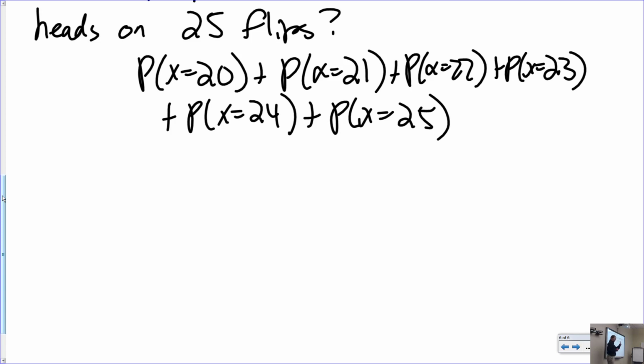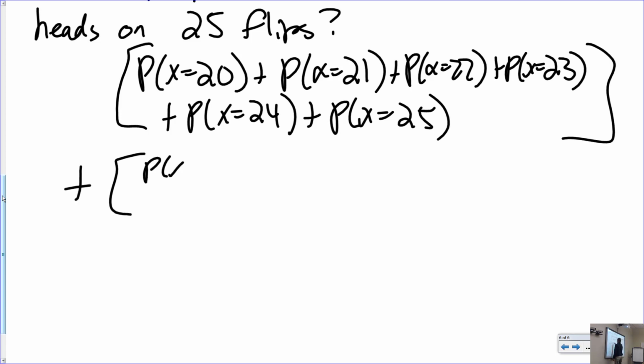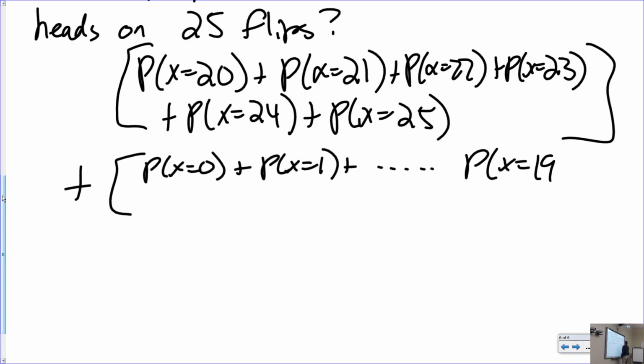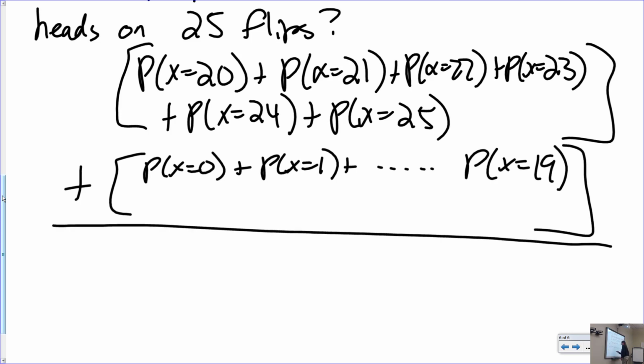Right? So remember that the probability that x equals 0 plus the probability that x equals 1 plus ... plus the probability that x equals 19, if you add all of that up, you get 1, right?